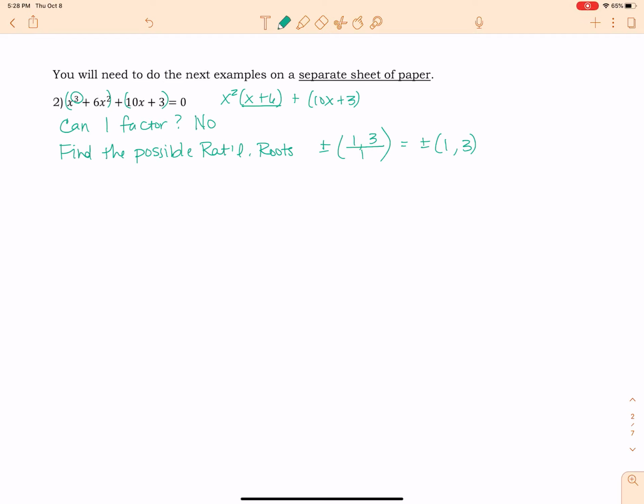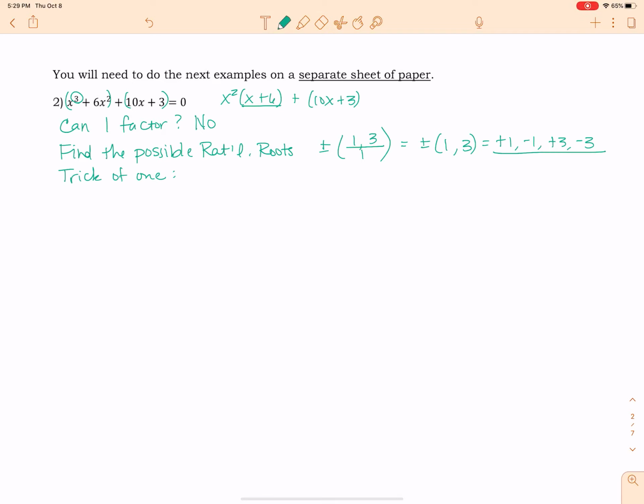And if you want to think of it this way, it might make it a little bit easier: I've got positive 1, negative 1, positive 3, negative 3. Okay, so once I do that, the next thing is to try the trick of 1, because that will either tell me what one of my solutions is, or it's going to eliminate a choice in this list right here.